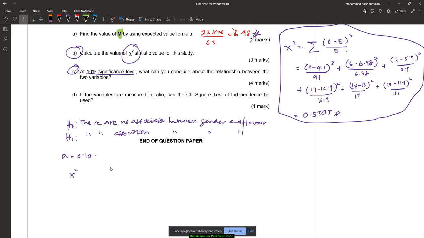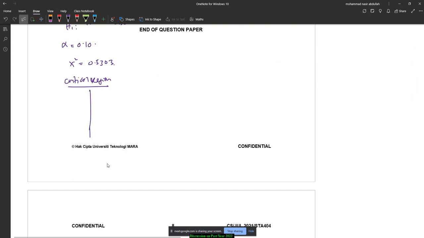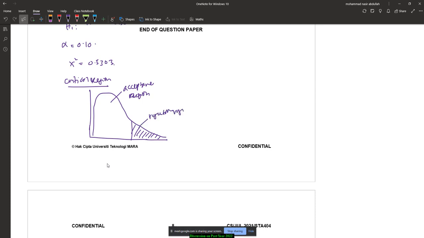So chi-squared calculated is 0.5303. Right? So the critical region. You need to draw this graph. This is the acceptance region. This is the rejection region.